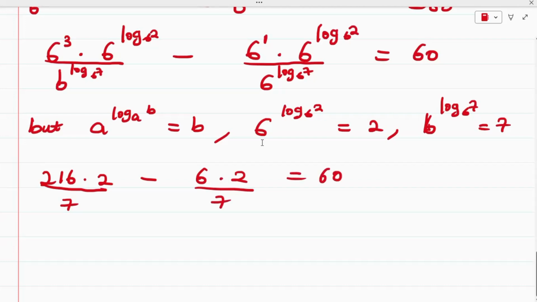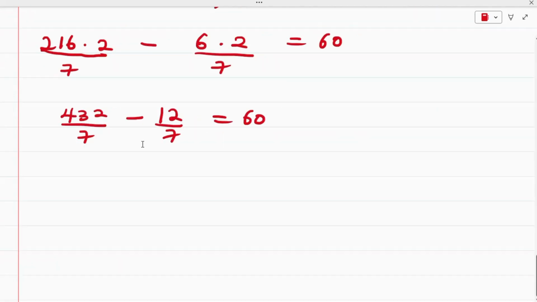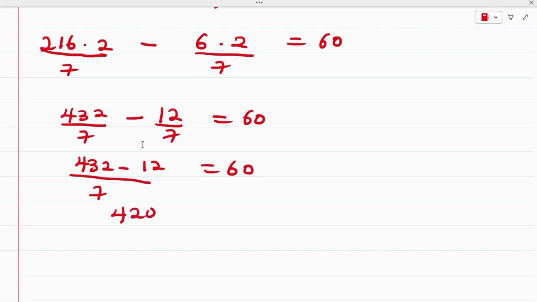So right here we have 216 multiplied by 2, which gives us 432, over 7, minus 6 multiplied by 2, which is 12, over 7, which is equal to 60. And from here we have 7 in the denominator, and 432 minus 12 is equal to 60. So 432 minus 12 will give us 420, divided by 7 is equal to 60, and 420 divided by 7 gives us 60, which is equal to 60.